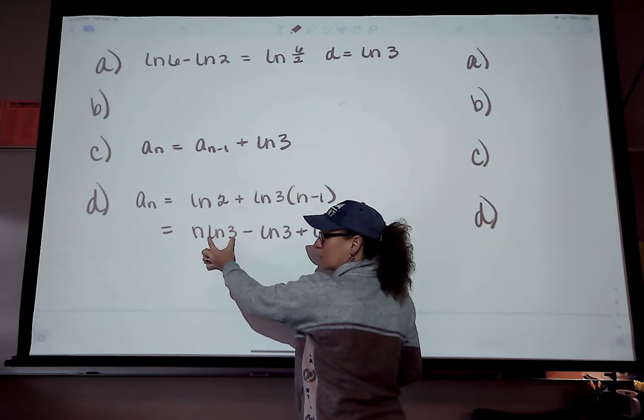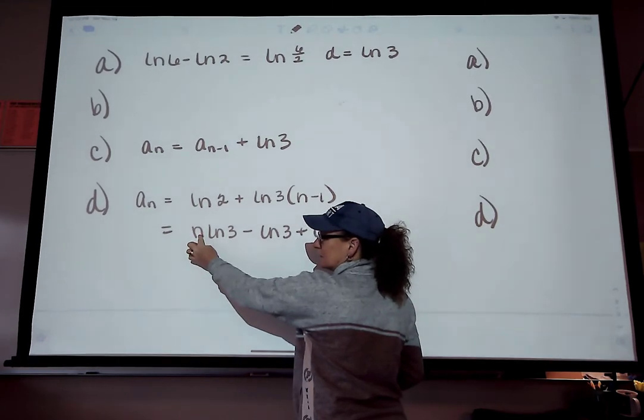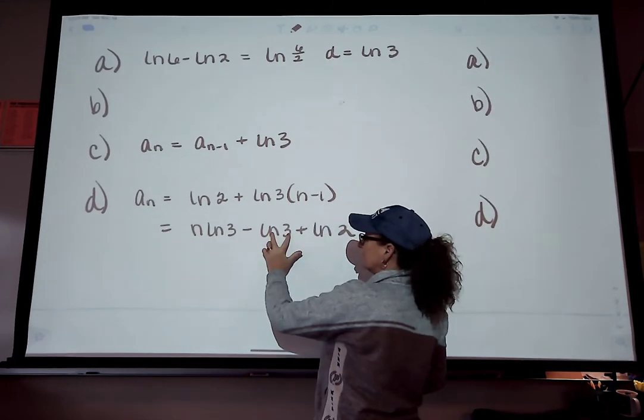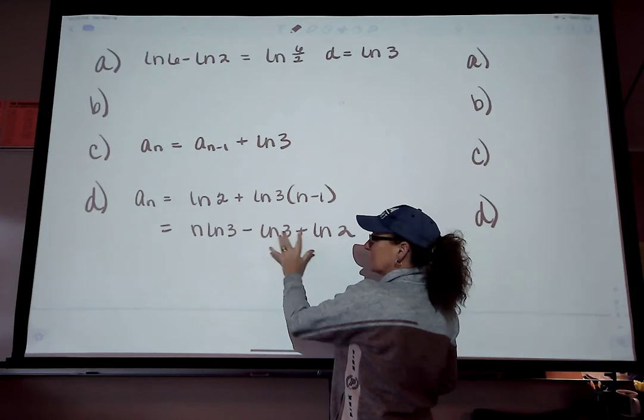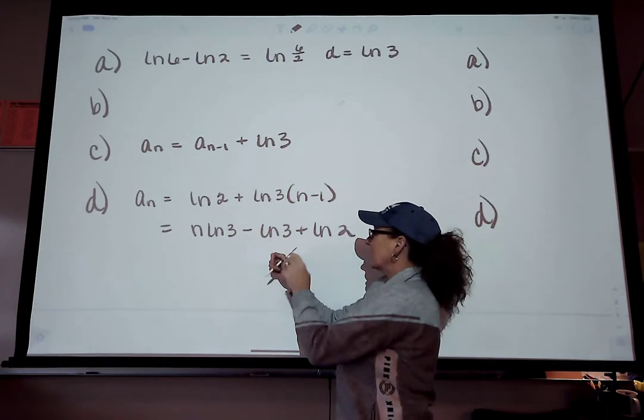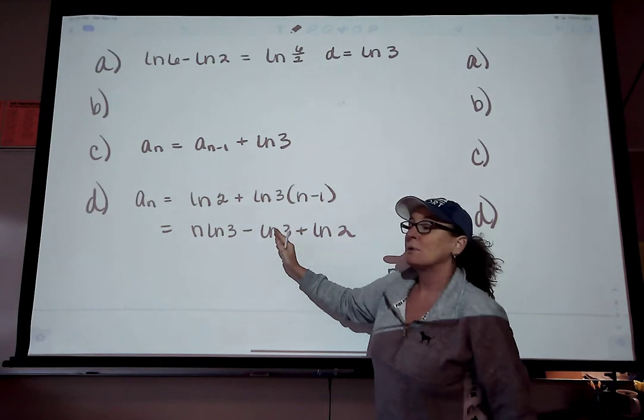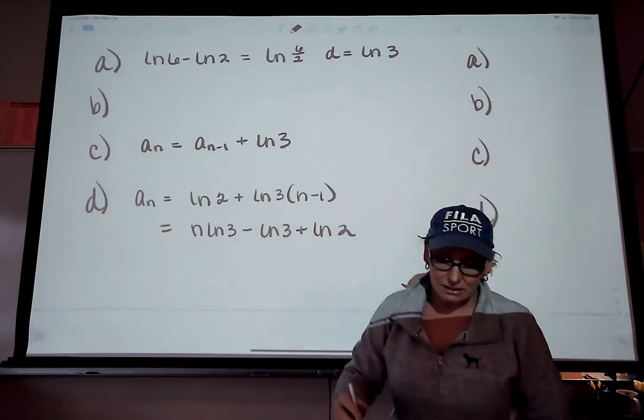This is my slope. This is kind of like my x, okay? And then I've got these two constants, and if I flipped those around, this would be plus ln2 minus ln3.